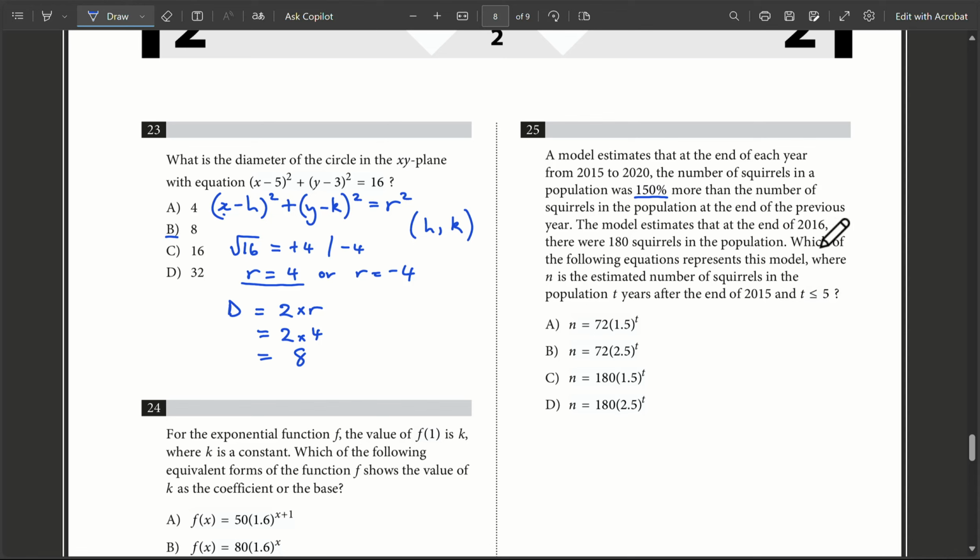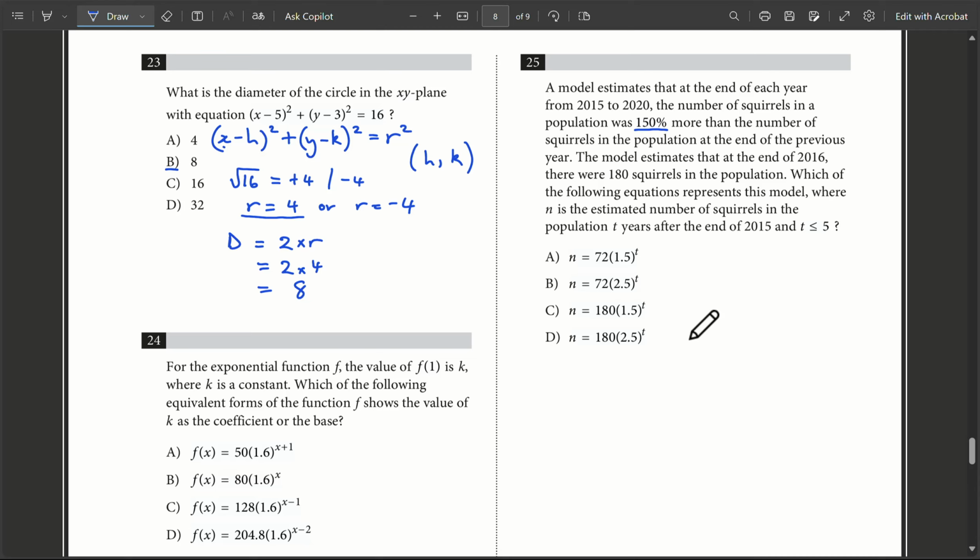Which of the following equations represents this model, where n is the estimated number of squirrels in the population t years after the end of 2015, and t is less than or equal to 5.